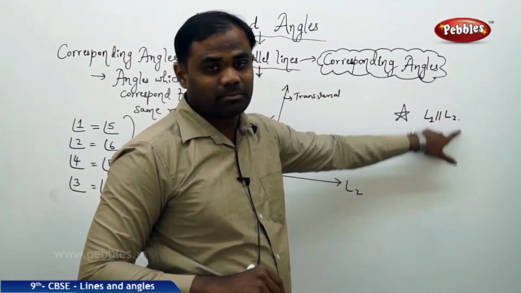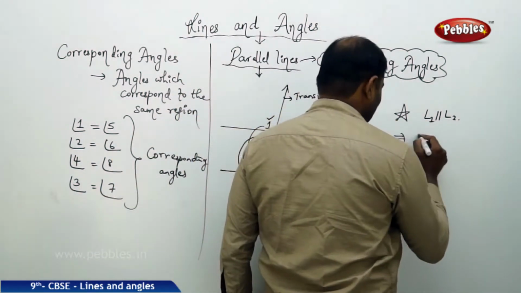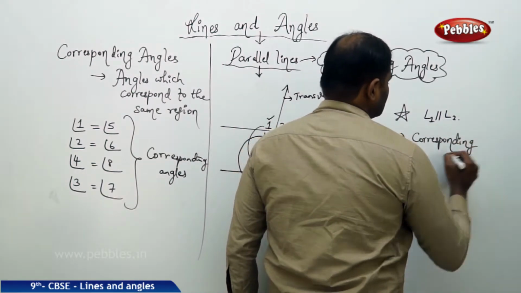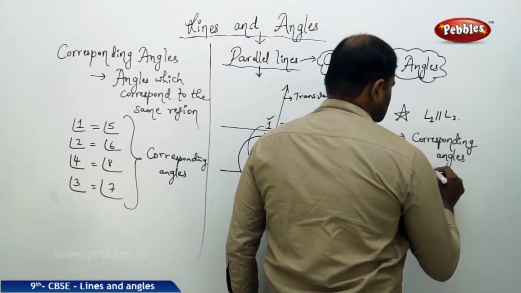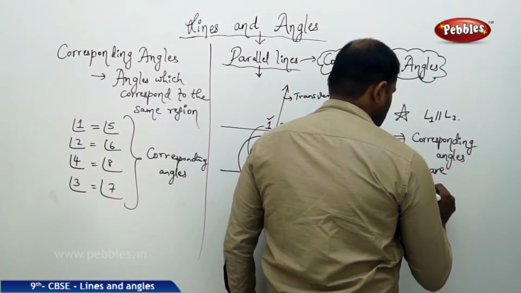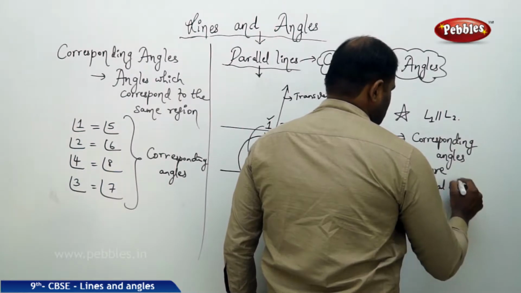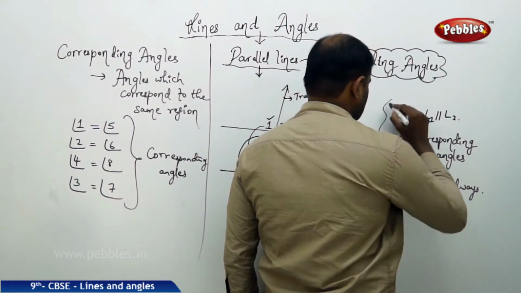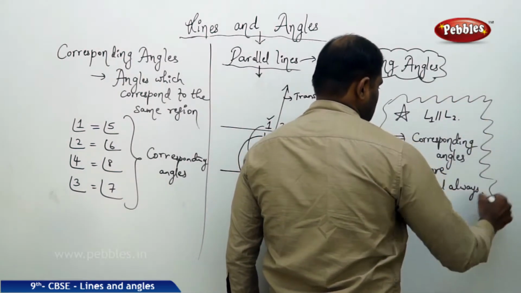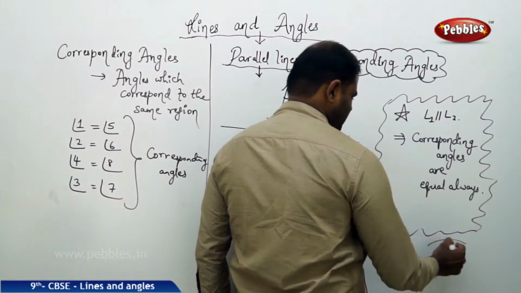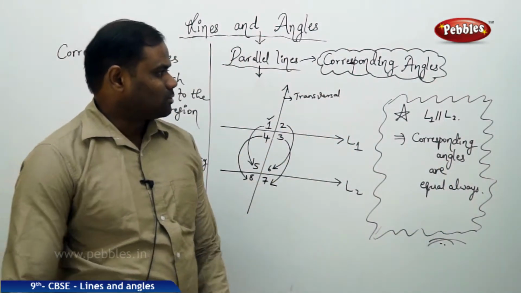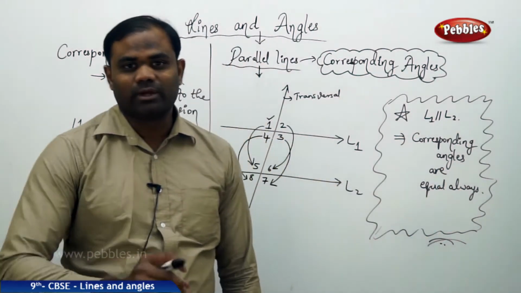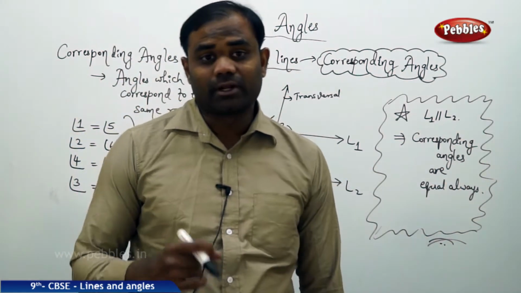So when line L1 is parallel to L2, it implies corresponding angles are always equal.